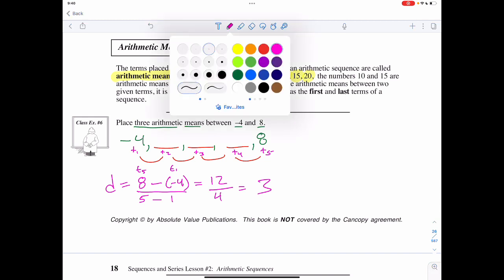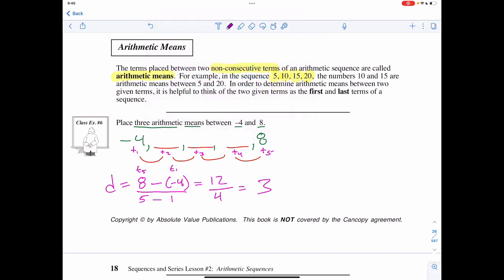When I know that, I can plug the numbers back in. So I have -4 goes to -1, 2, and then 5. And I can always double check to make sure that I'm going up by the same amount every single time, which I am.